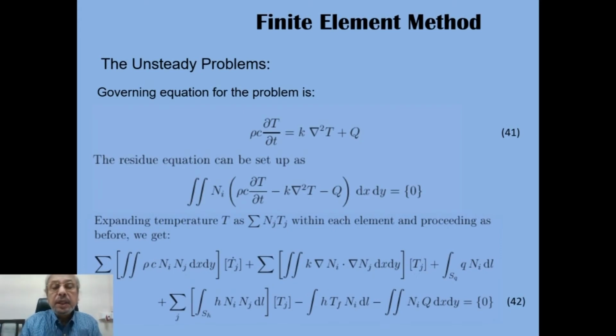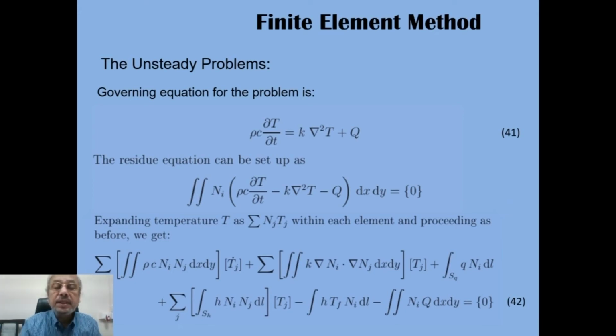Now, if we make the problem a little more involved, we make it an unsteady state problem. We can write down the governing equation as rho c del temperature del time equal to k del square T plus q, and then again we can integrate it over the entire domain with the help of shape functions.